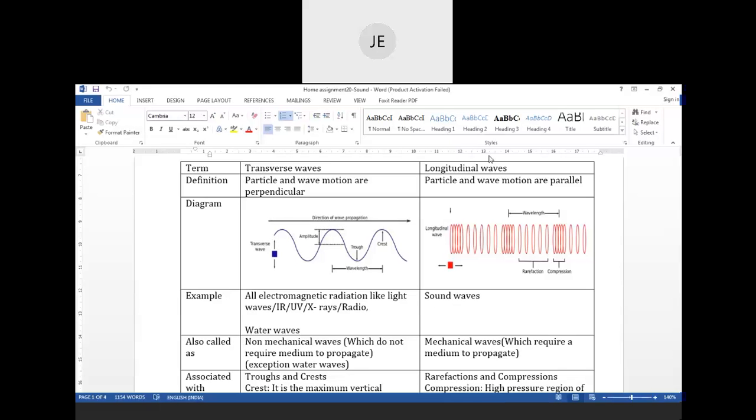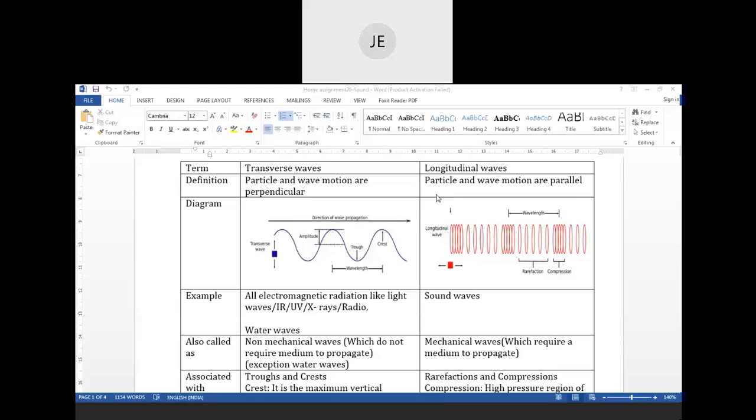In the diagram of the transverse wave, the particle, the blue colored one, moves up and down, up and down. But the wave is moving towards the right direction. The particle moves up, down, up, down at every point of the wave, but the wave is traveling rightwards.